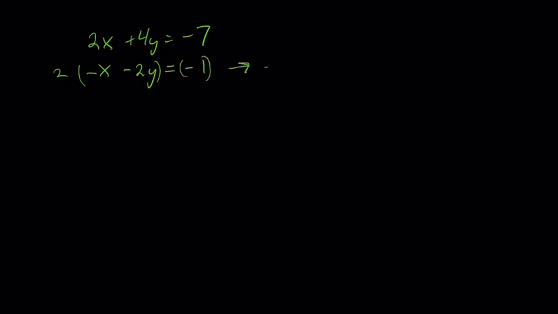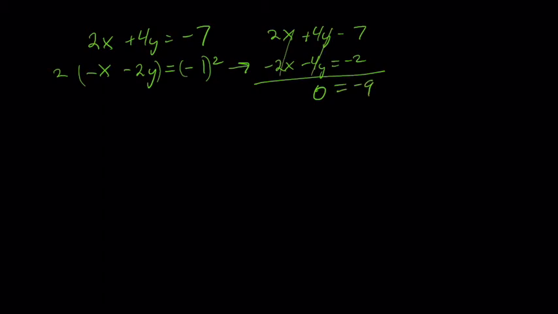That would give me negative 2x minus 4y equals negative 2. And I add that to 2x plus 4y equals negative 7. Well, I would get 0, because both of these cancel out, equals negative 9. This is a false statement. Remember before when we got a false statement, there were no solutions. That's because these lines are parallel.